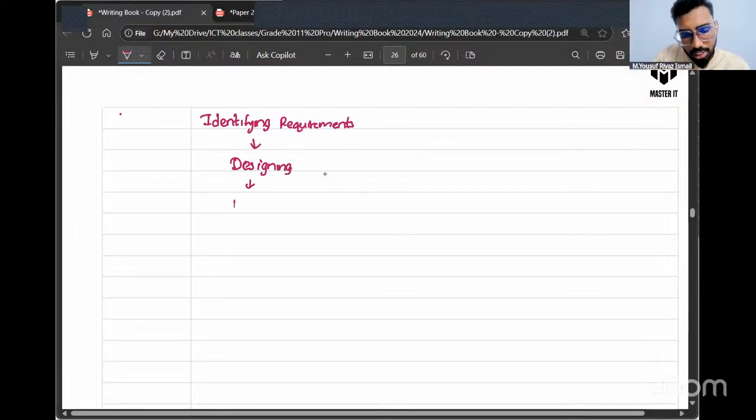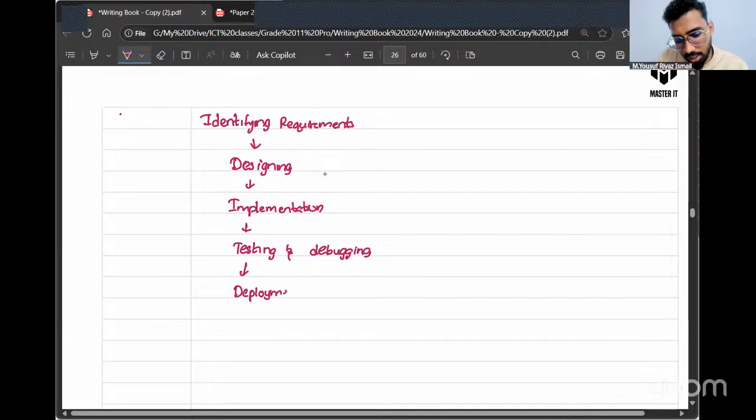The third phase is the implementation phase, or execution, or coding phase. This is where you start coding the application. The fourth phase is testing and debugging. This is where you test the application and see if there are any errors. Debugging is the process of rectifying the errors you come across while testing. After testing, you might publish the application. The process of publishing an application we call deployment. And after you publish an application, there may be small changes to be done. That comes under maintenance.